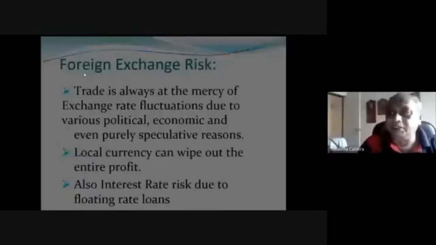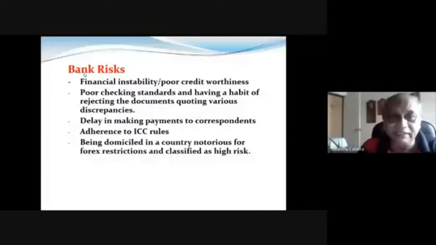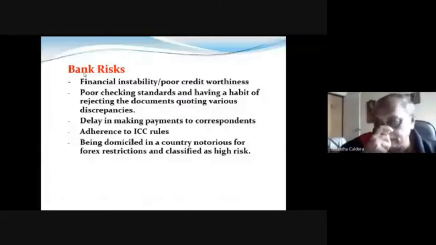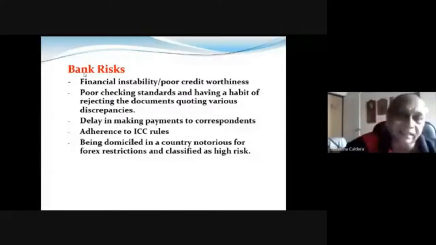We talked about country risk and foreign exchange risk. The third one is bank risk, right? Certain banks, their financial instability or poor creditworthiness is a risk. Even in Sri Lanka, not all the banks are stable. There are some unstable banks also.